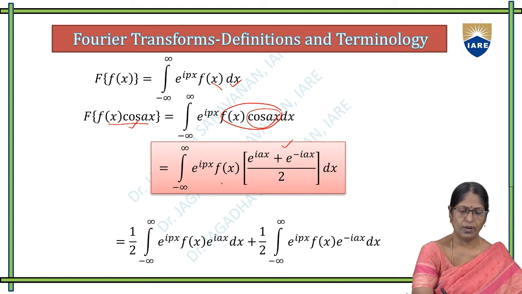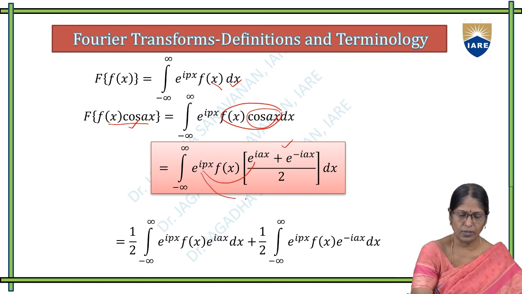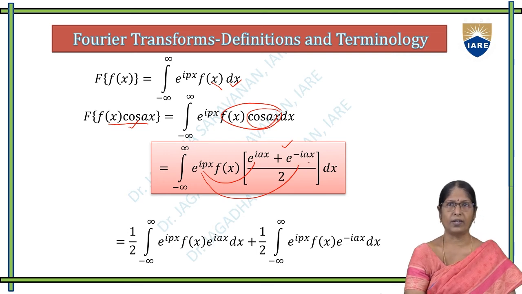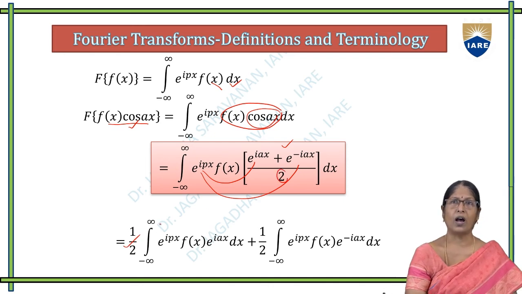Now, this into this one integral, and this into the second integral, two terms are there. We separated the integrals. The common factor 1 by 2 has been taken out.